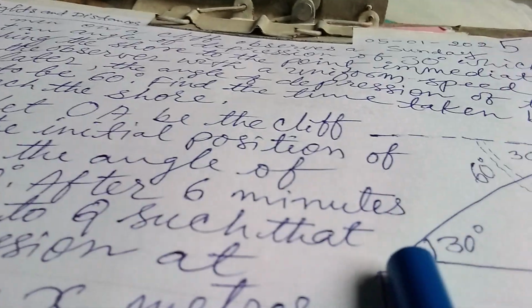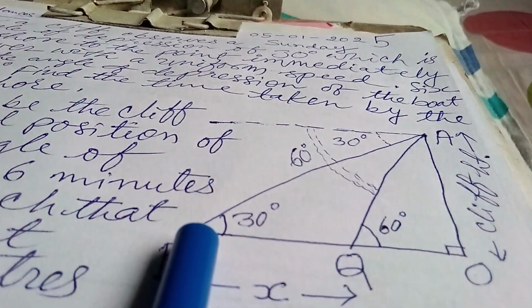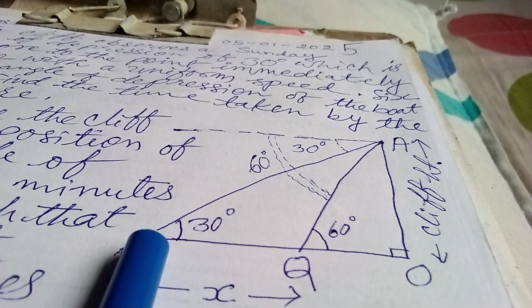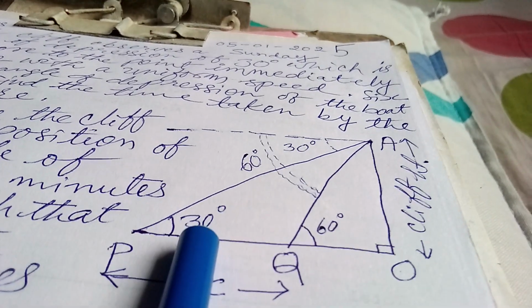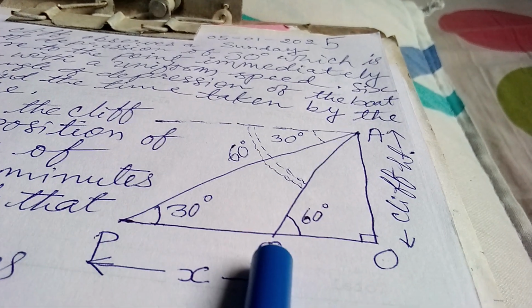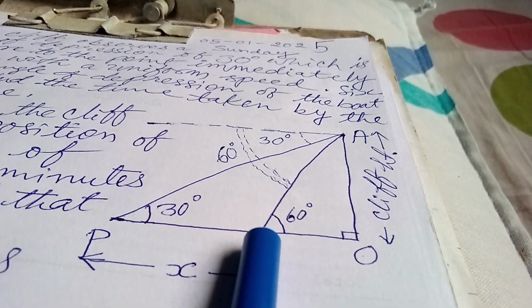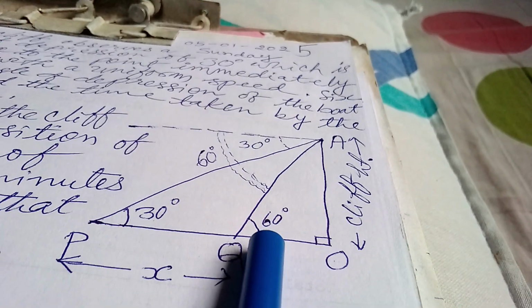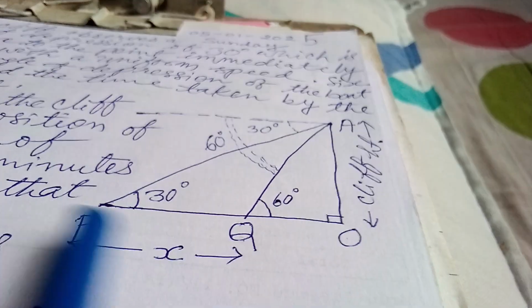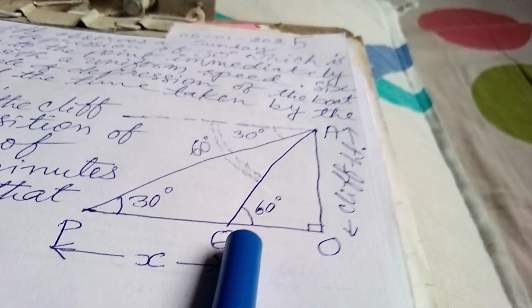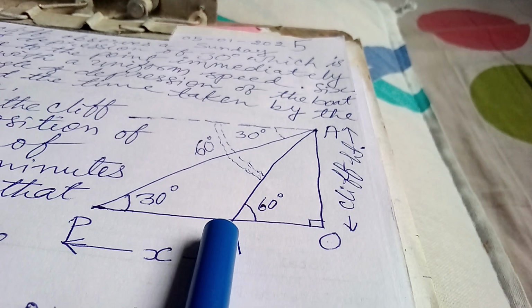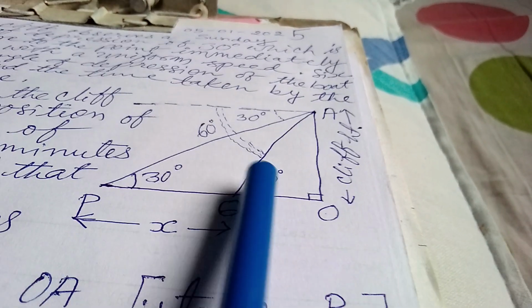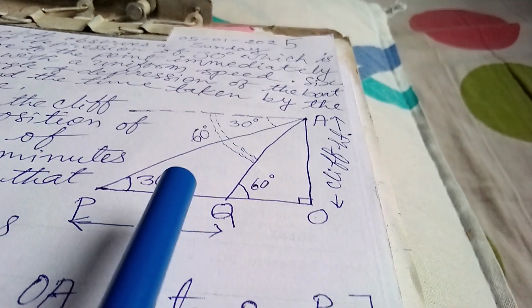So here you find P is the initial position of the boat when the angle of depression is 30 degrees, and after 6 minutes when it is coming to Q, the angle of depression increases to 60 degrees. That means from P to Q it comes in 6 minutes, and the angle of depression increases from 30 to 60.